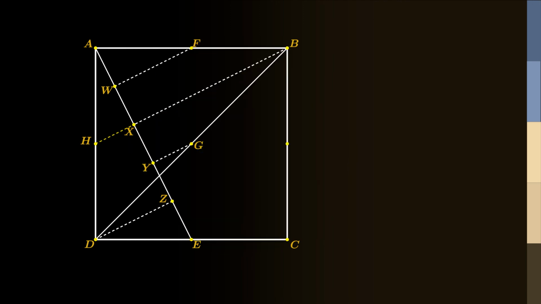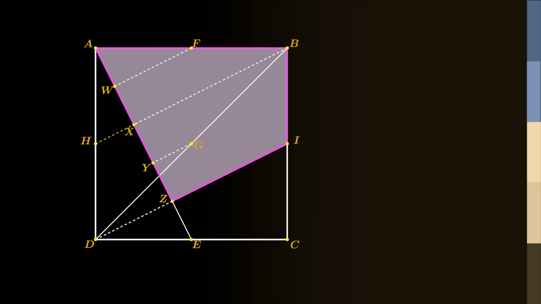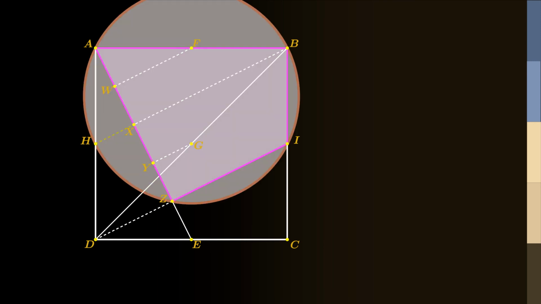Secondly, analogous to the proof that BH is perpendicular to AE, we can do the same for the segment DI, constructed by connecting the point D with the midpoint of the side BC. DI is in a similar way perpendicular to AE, and we can prove this by looking at the quadrilateral ABIZ. And likewise, this quadrilateral is also inscribed in a circle.